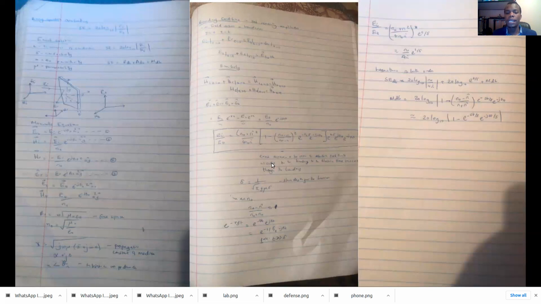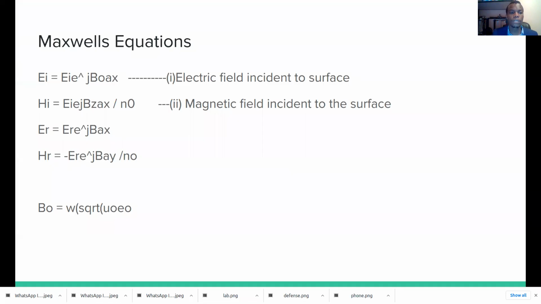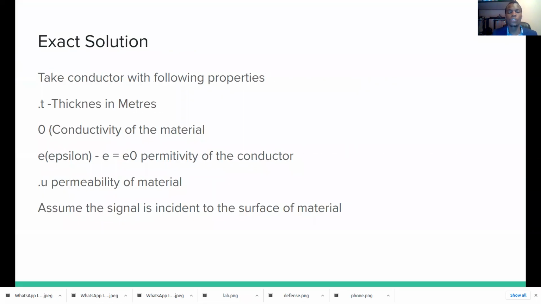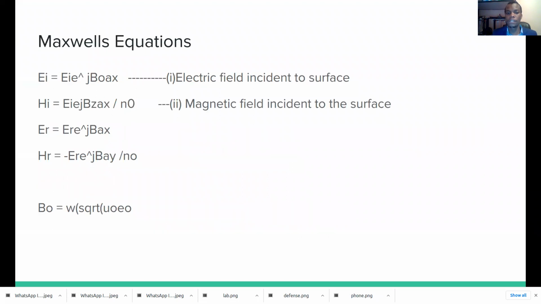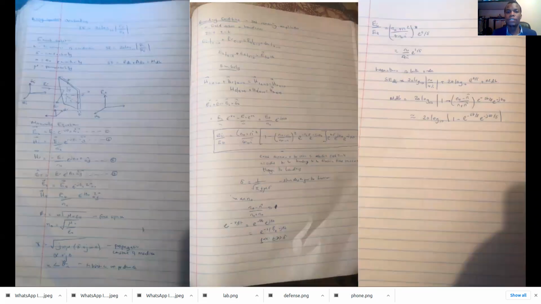Basically, it's a ratio of EI over ET, and when you replace the complex math, you'll be able to get this long formula, which is referred to as the exact expression, the exact solution of the electromagnetic shielding. So it's the exact, but it's an ideal situation, which does not happen.